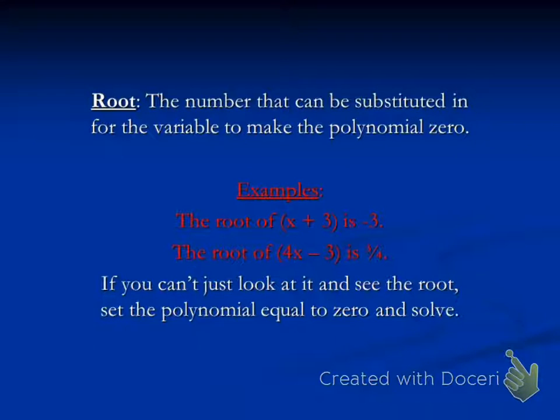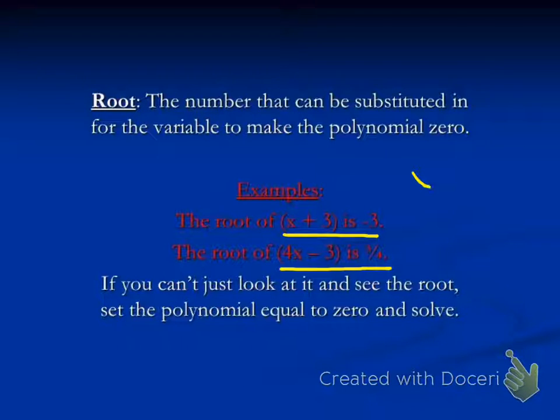And so the root of x plus 3, this is the important part of this little slide here, is -3. Right? I know that color is a little bit difficult to see. Any of you who are red-green colorblind probably can't even see the numbers there. So the root of x plus 3 is -3. That's the root. The root of 4x minus 3 is 3/4.